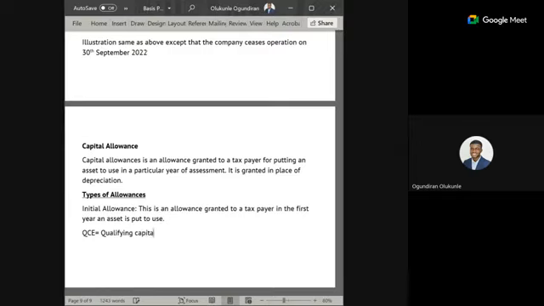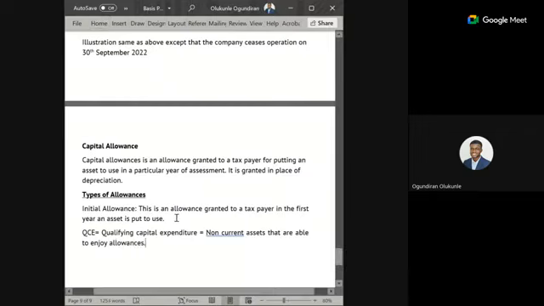Again, look at it simply: your qualifying capital expenditure is a non-current asset that qualifies, or that is able to enjoy allowances.